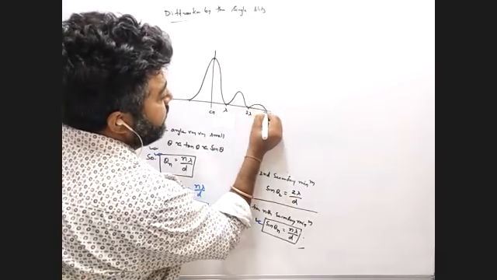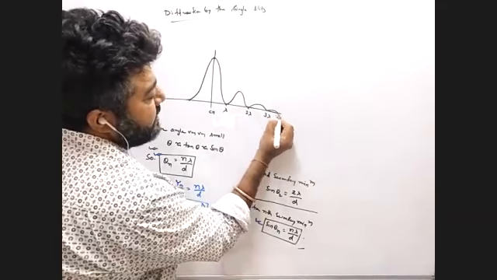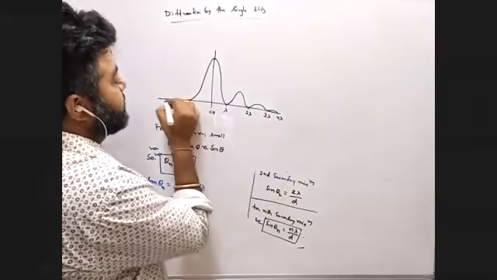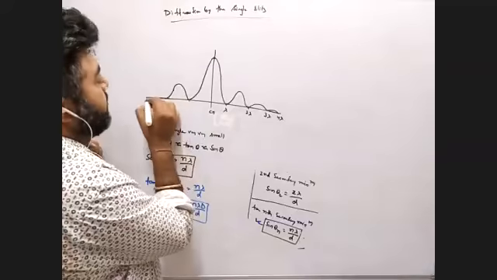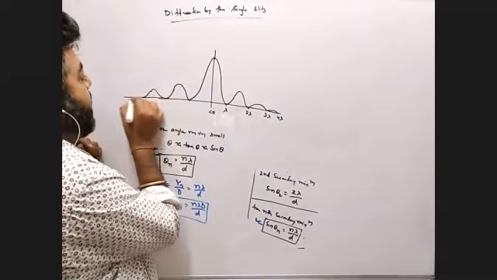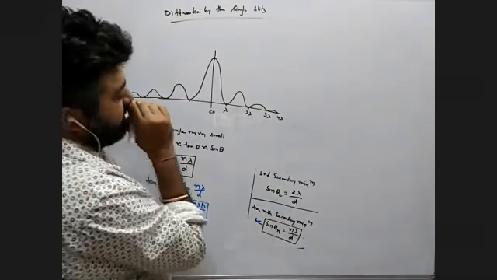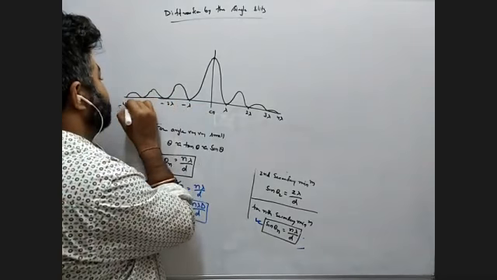For the third one, you have 3 lambda, and so on. Within a very short range, after 3-4 it ends. Similarly here also, you have the first one, the second one, and then the third one. It does not go beyond that: minus lambda, minus 2 lambda, minus 3 lambda, minus 4 lambda.